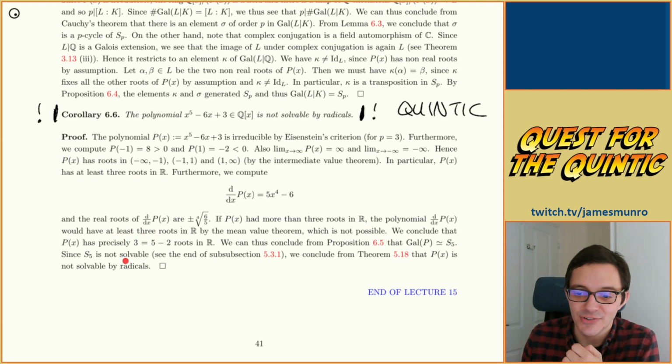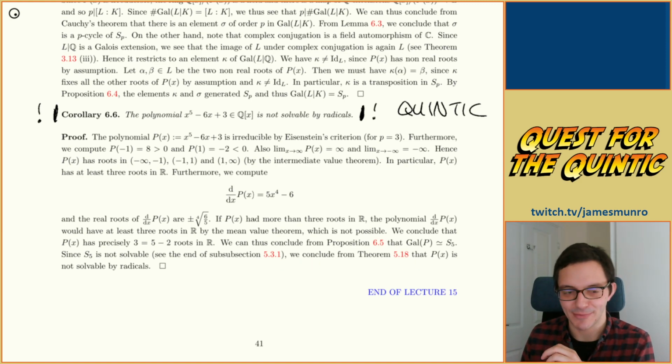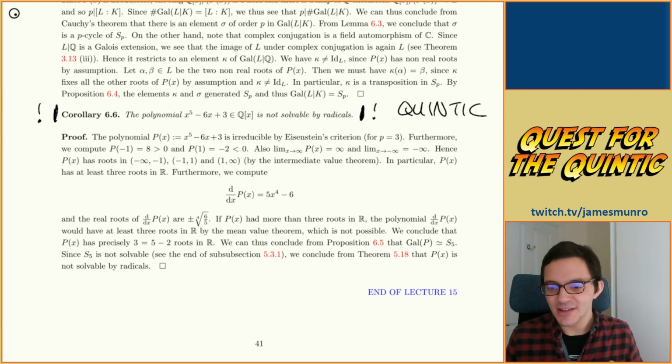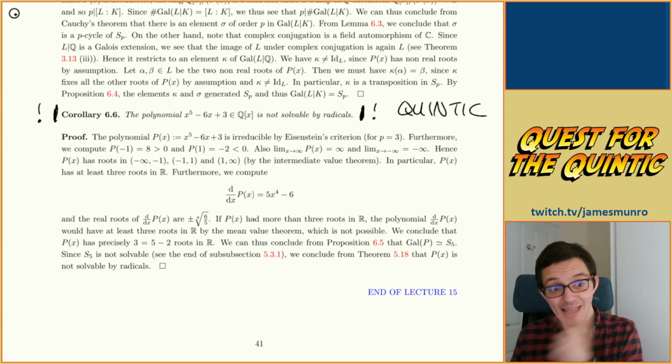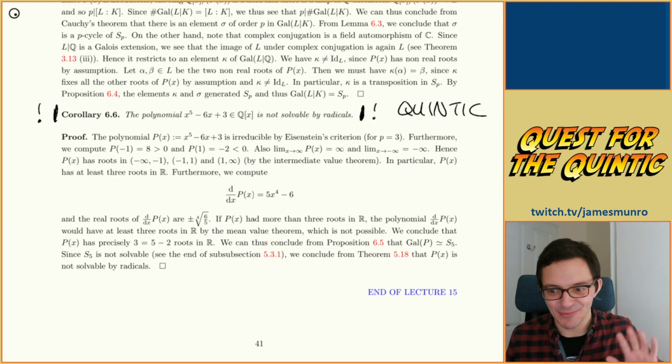Since S5 is not solvable, a word that we haven't met before, see the end of subsection 5.3.1, we conclude from 5.18 that p of x is not solvable by radicals. So it sort of can't just skip to the end of the quest, right? Because for that to make any sense, we would need to understand proposition 6.5, theorem 5.18, and 5.3.1.